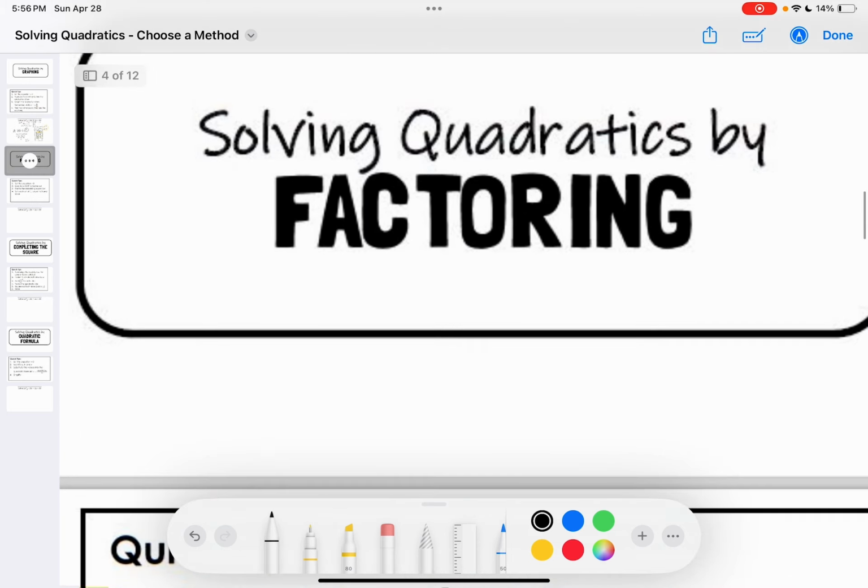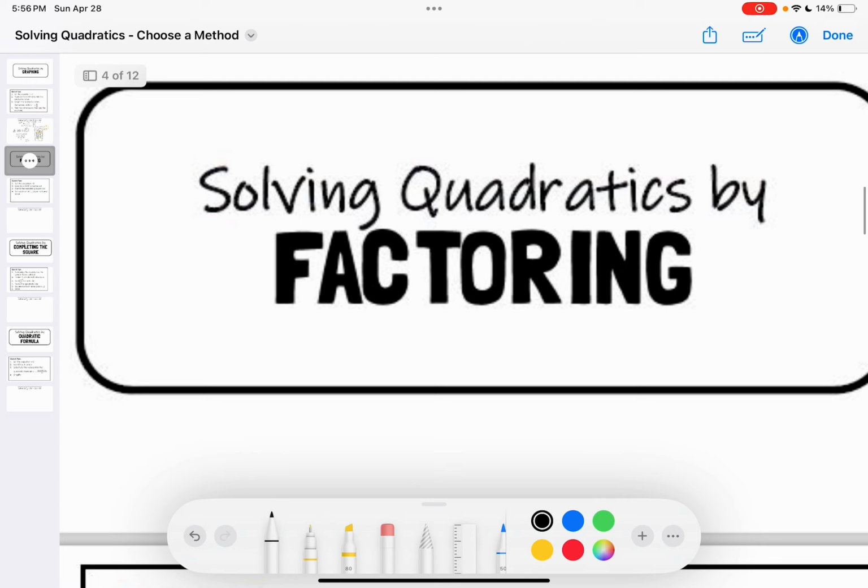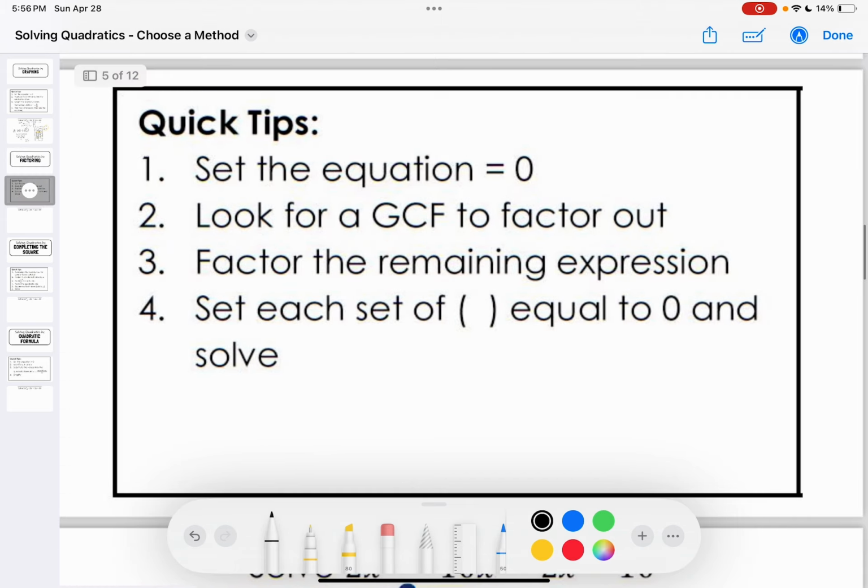Solving by factoring, that was the next one we talked about. And it can be a very easy one to use if the quadratic is set up to be factored. There are a couple things that need to be true in order for that to happen. One, the equation has to be equal to 0, or we need to set it equal to 0.